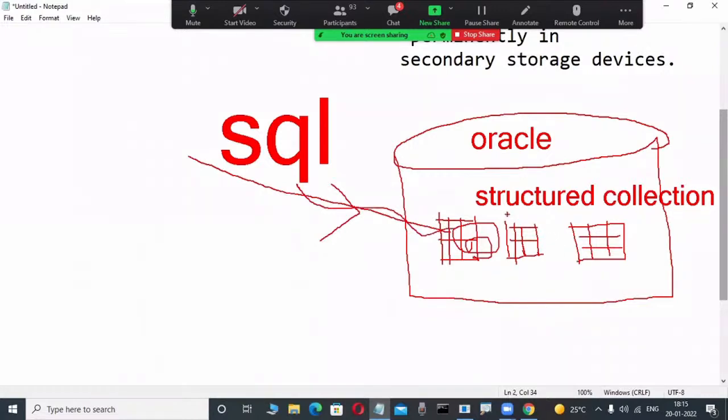But MongoDB and those types of databases are different, there is no SQL; it uses JavaScript and similar languages. SQL is one separate language through which we operate on data in these types of databases.